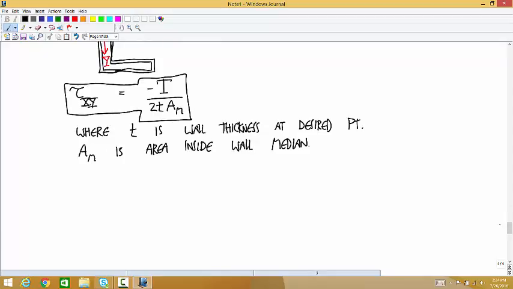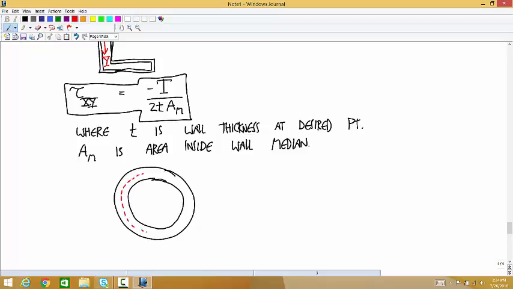Okay, so if that's the cross section, the wall median is halfway between the inner and outer wall all the way around. So that's the wall median, and the area inside is all of this.